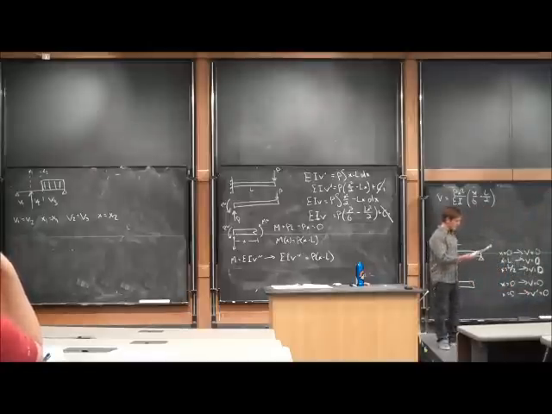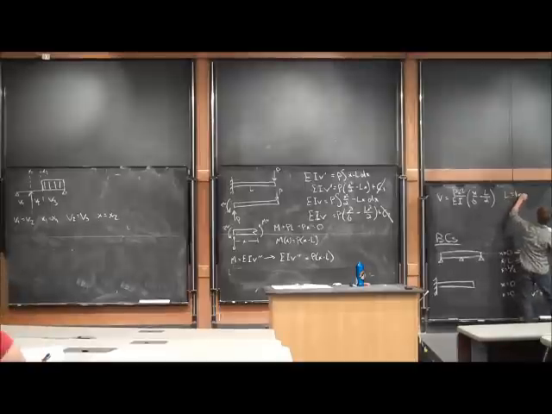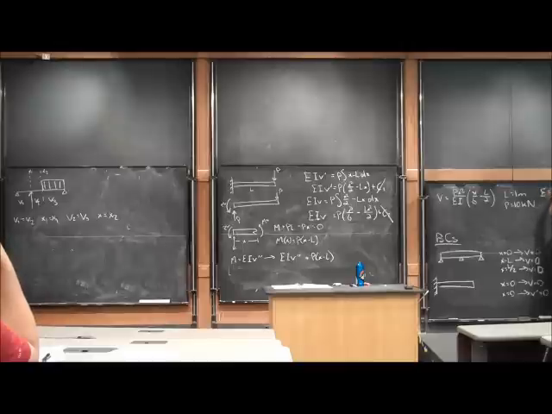So let's plug some numbers in. Let's say that L is equal to 1 meter. P is going to be equal to 10 kilonewtons. Let's say that E is steel, so about 200 gigapascals.